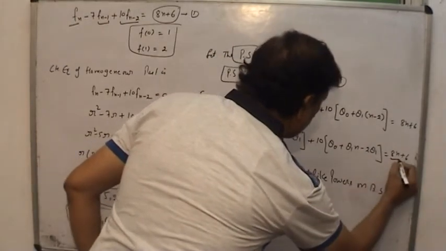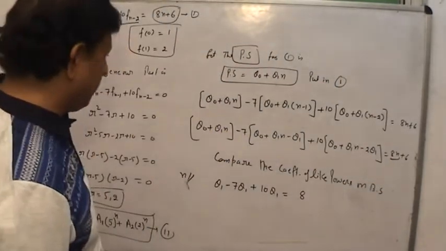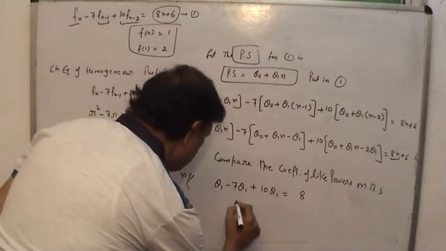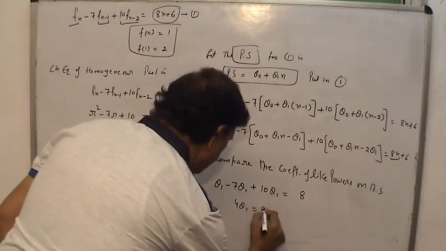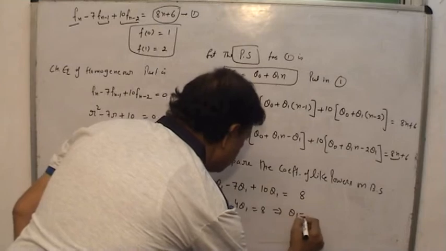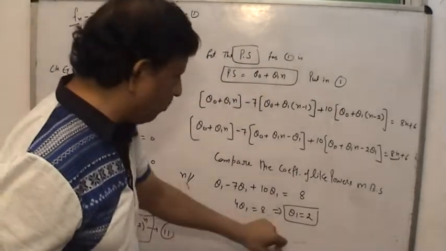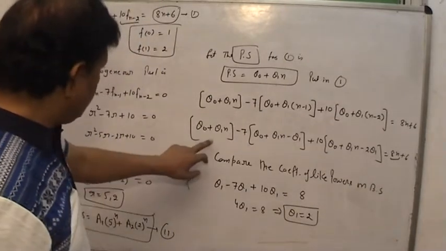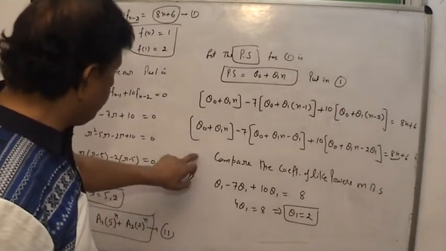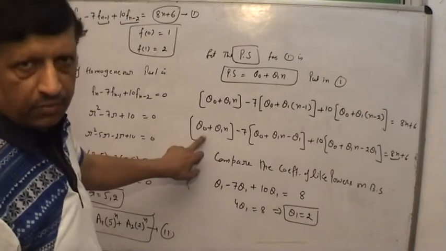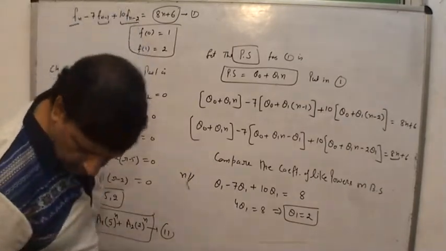This side the coefficient of n is 8. So simplify it, that is 4Q1 is equal to 8. This implies Q1 is equal to 2. We have found the value of Q1. Now second option is we compare the coefficients of constant terms, which does not contain n.